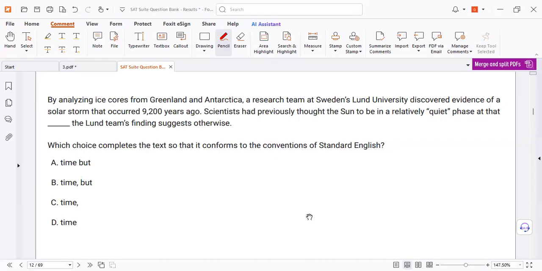Letter B. Letter B correct. To complete sentences for fun boys.